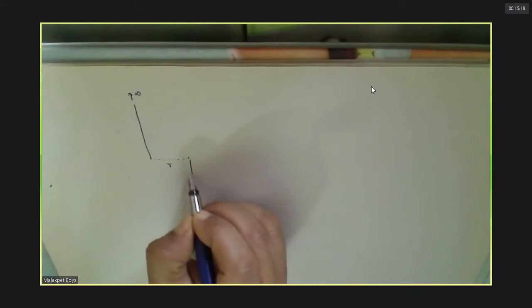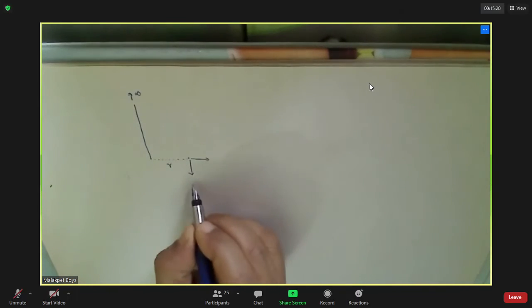Now you can avoid integration and do the same problem. Suppose it's a wire. This is infinitely long. Now you need the electric field at any point, say for example R. You have one component parallel to this.